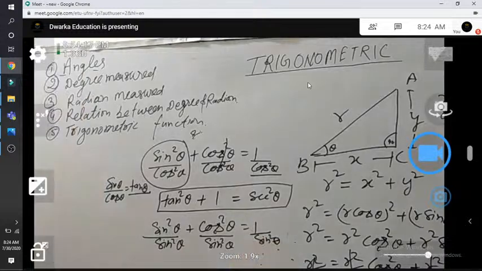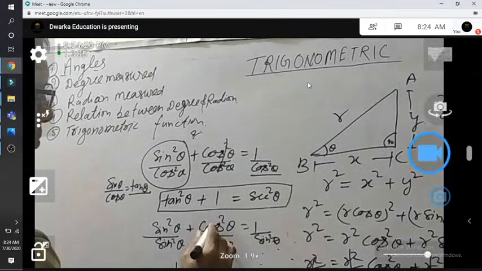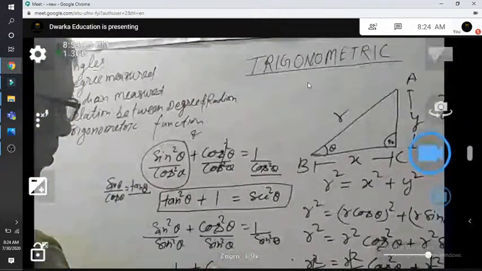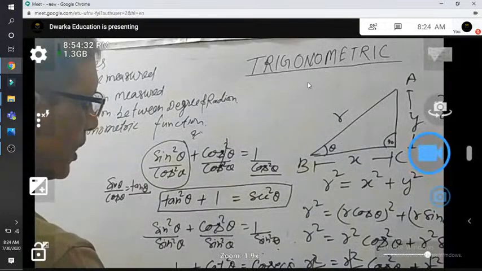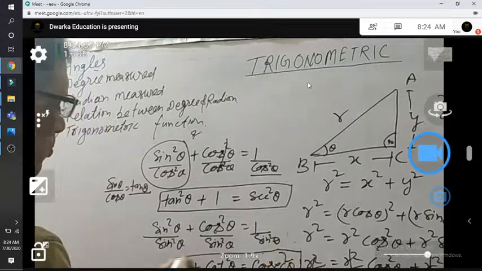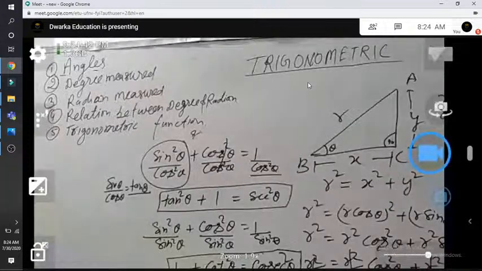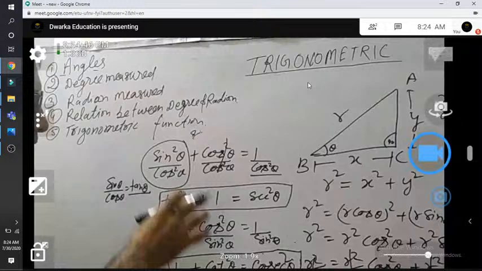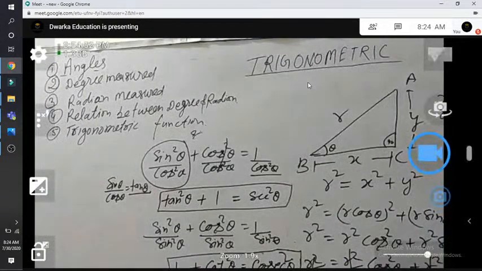This gives 1 plus cos square over sin square, which is cot square theta, is equal to 1 over sin square, which is cosecant square theta. This is the third property of the trigonometric formula. This is only one formula, but we use 3 formulas. These 3 formulas are very necessary and used everywhere in trigonometry. हम कहीं भी इनका इस्तेमाल करके सॉल्यूशन कर सकते हैं.